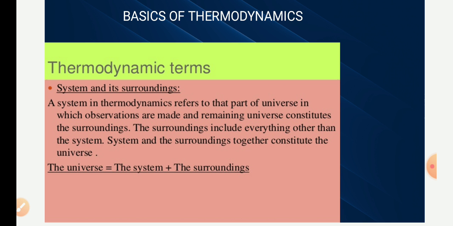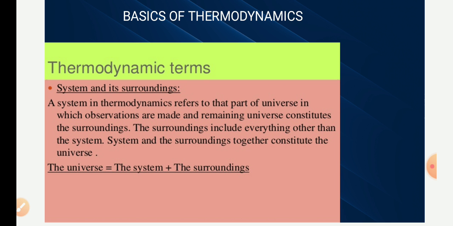A system is defined as a finite quantity of matter or a prescribed region of space upon whose observation or attention is there for analysis. That means that whose observation is there is called the system.